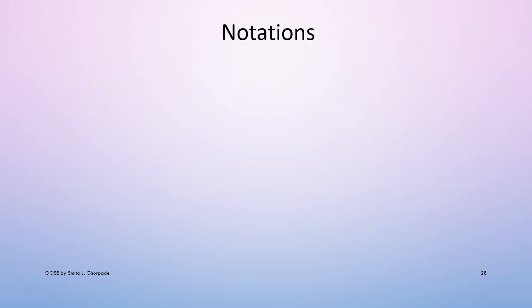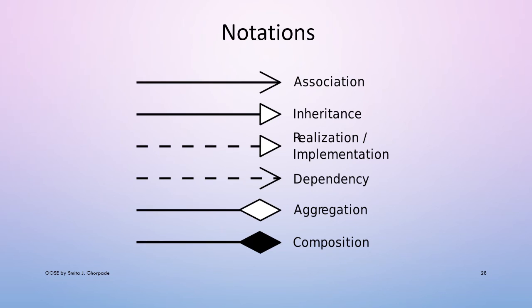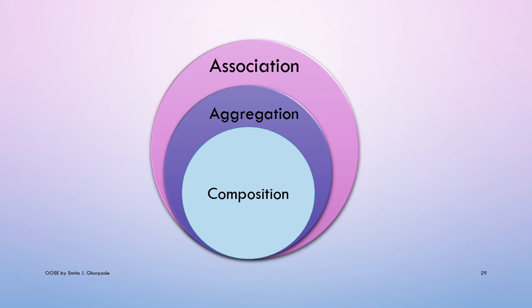Now certain notations we are revising again here. The symbols are shown like association, inheritance, realization, dependency, aggregation and composition. These are the graphical notations. Now here we have discussed association. Association is nothing but connection among elements, shown by a solid line.